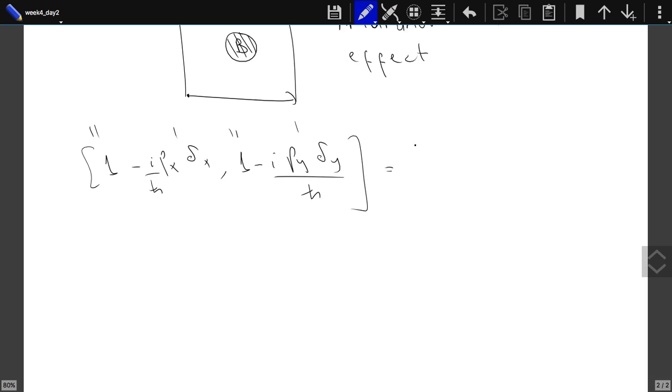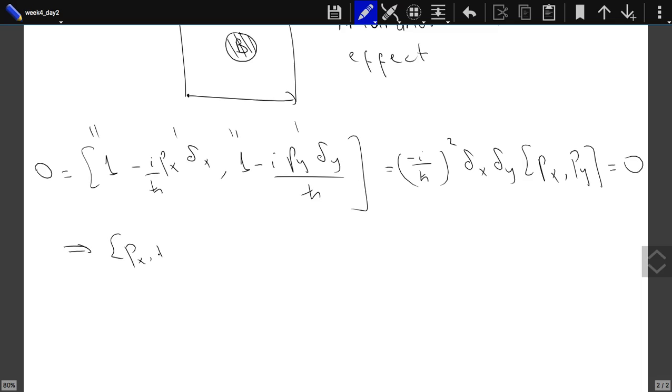So this is equal to minus i over h bar squared delta x delta y times the commutator of px and py, and this should be equal to 0 because the left hand side is 0. And this basically tells me that px and py commute.